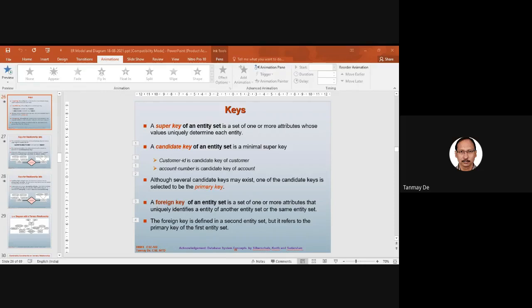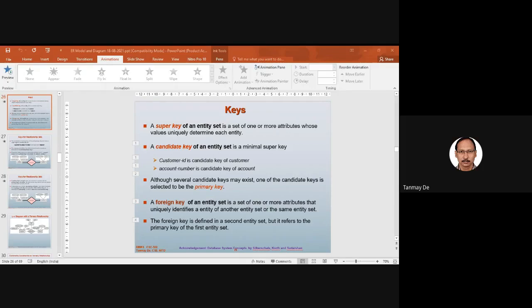Now there is another important term, the candidate key. What is the candidate key? The candidate key is the minimum number of attributes which can uniquely identify each of the entities in the entity set, which means the candidate key is a minimal form of super key, that is, a minimal super key.